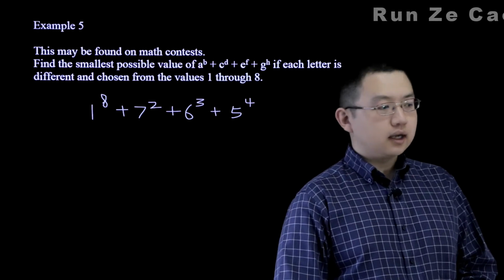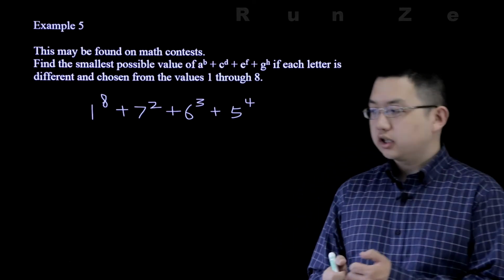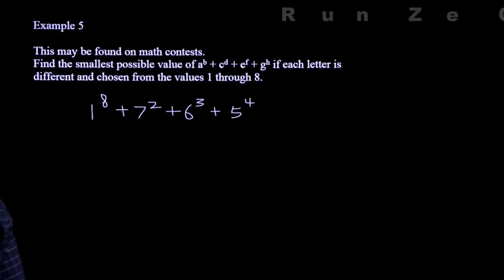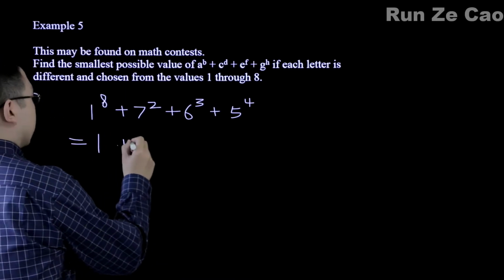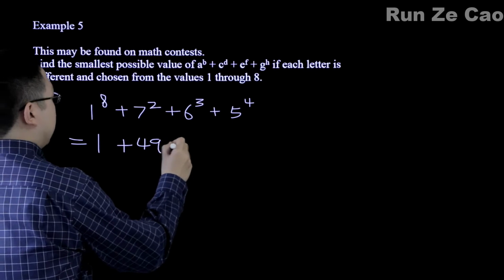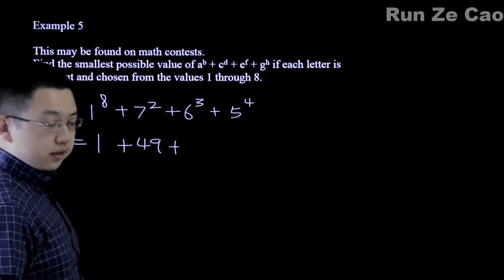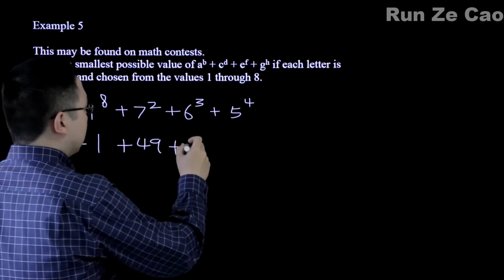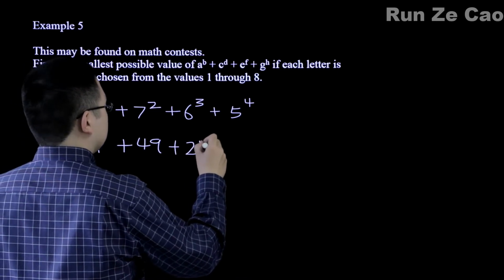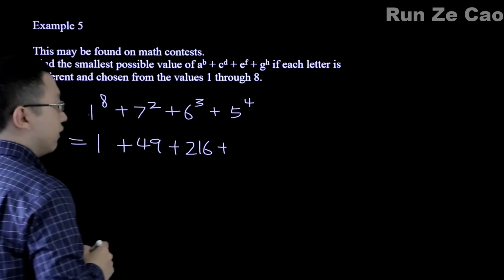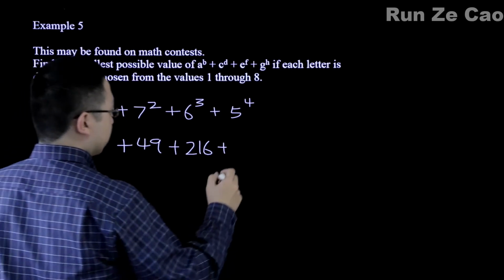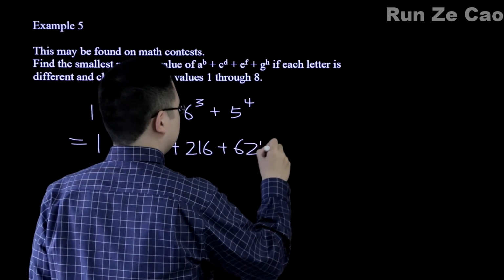Evaluating it is a matter of just pushing buttons on a calculator. So after some button mashing, we get equals 1. Okay, that's obvious. Plus 49 plus 6 to the third is 36 times 6, which is then 216. Plus 5 times 5 is 25, and that squared is 625.